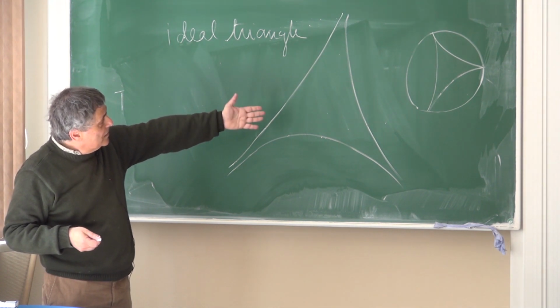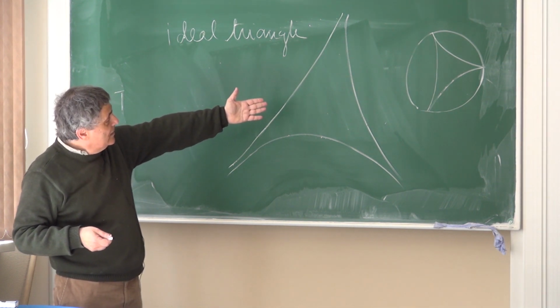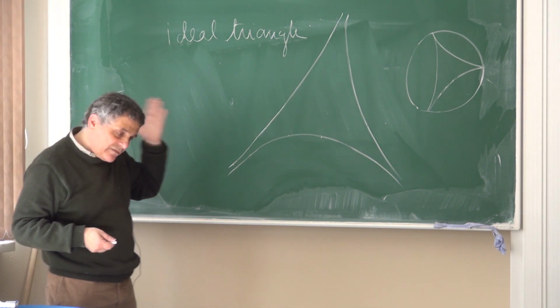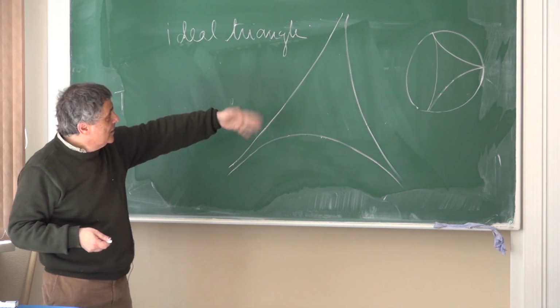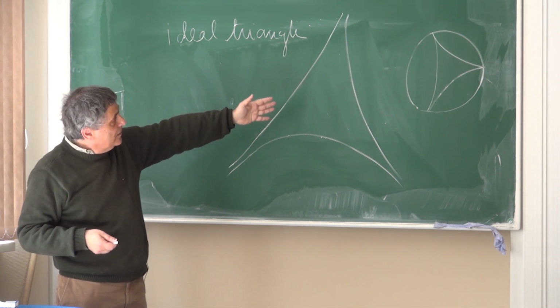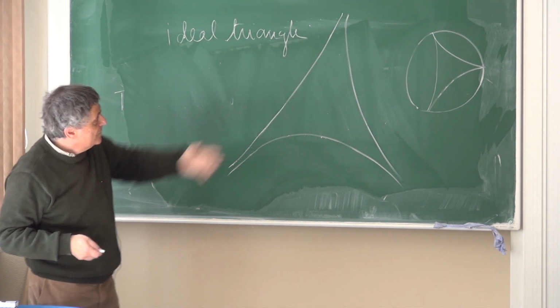The existence of such a figure, the ideal triangle, comes from the axioms of geometry, from this famous parallel axiom, which is not satisfied, and its converse is satisfied.